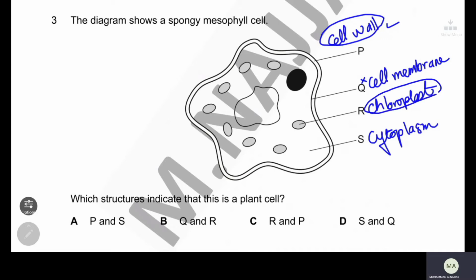The chloroplast characterizes only plant cells, while cytoplasm is found in both animal and plant cells, so it is not the cytoplasm. So the correct answer here is very easy: P and R. We just have to look for them, which is C, R and P.